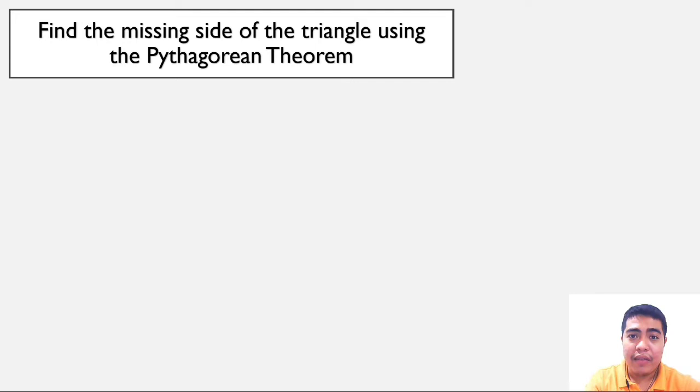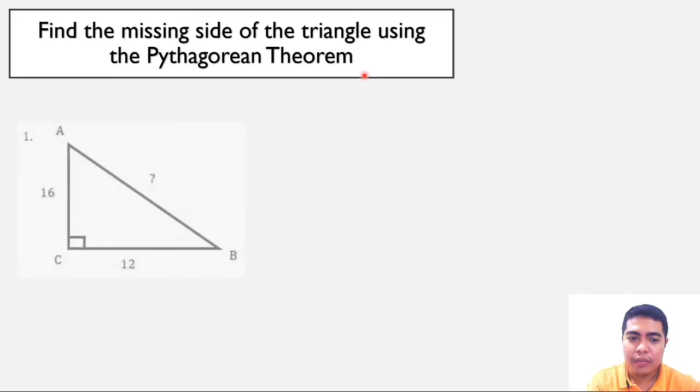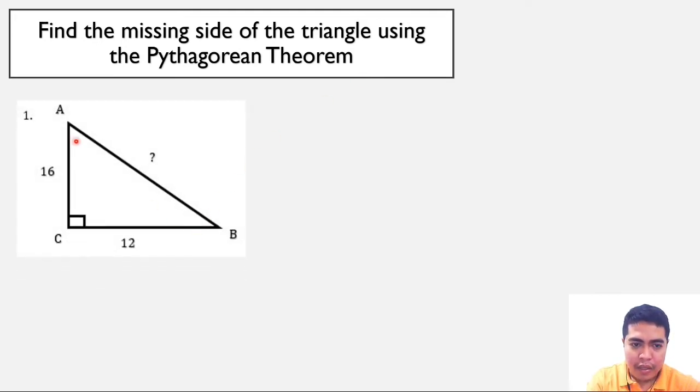Now let us have an example. Find the missing side of the triangle using the Pythagorean theorem. If this is the figure, given that this side is 12 and this side is 16, what is the measure of this side?